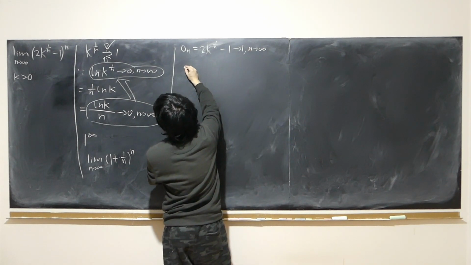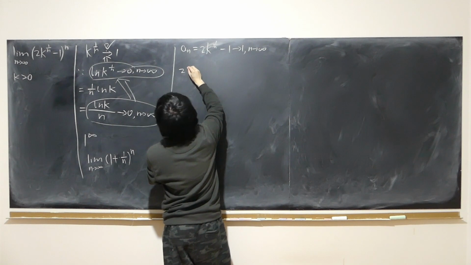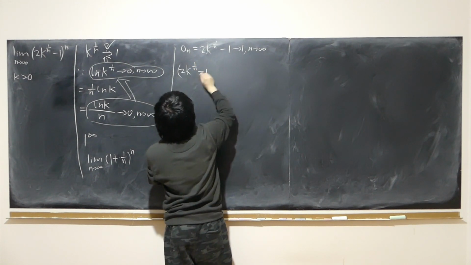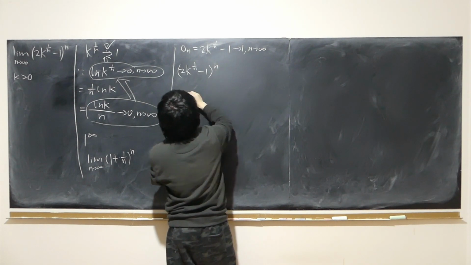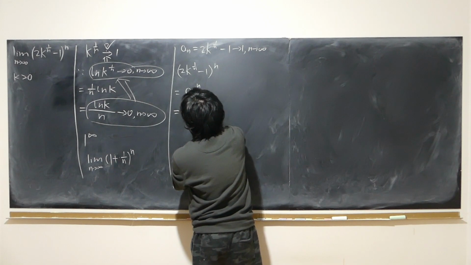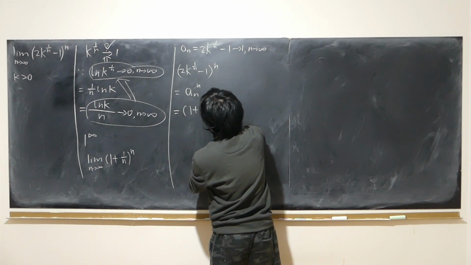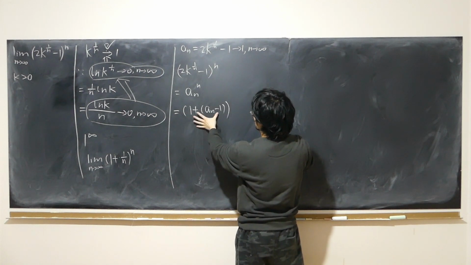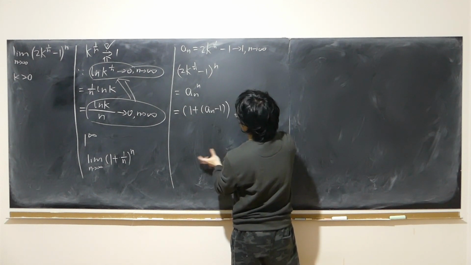My desired limit, (2k^(1/n) − 1)^n, is equal to a_n to the power of n, which is (1 + (a_n − 1))^n.